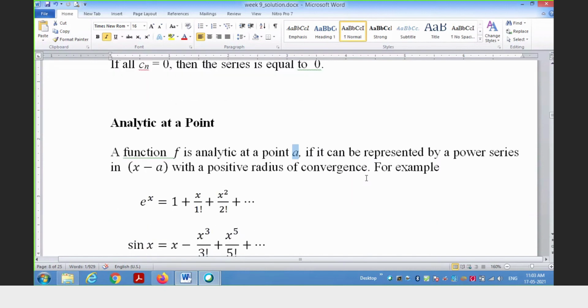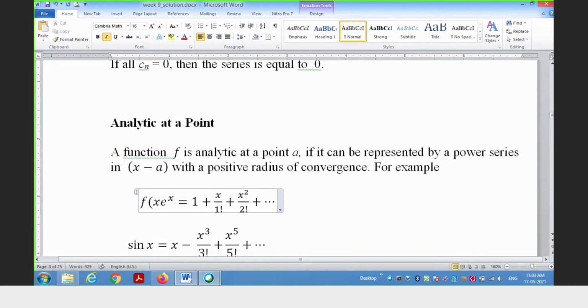So for example here, f of x equal to e power of x. You know that, if you use Taylor series, e power of x can be written as 1 plus x plus x squared over 2 factorial plus x cubed over 3 factorial and so on.